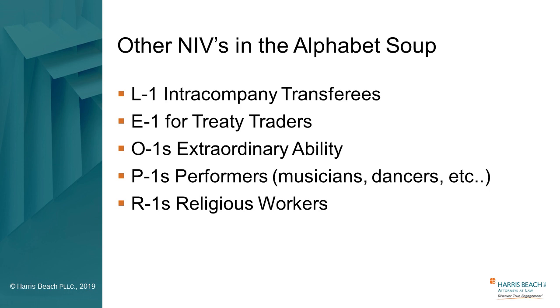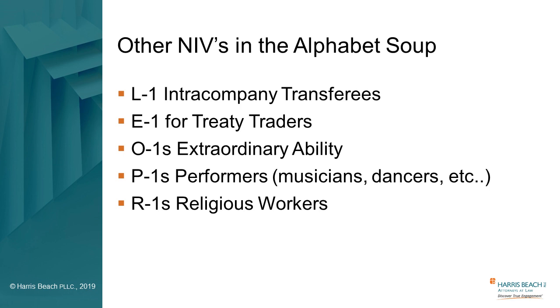E1 is for treaty traders. You have to be a company and an employee coming in from a country that falls under the treaty. O1s, extraordinary ability. I think in our audience here we have several representatives that work at universities. O1s are a good option for very highly qualified, very experienced workers who are in their specialized field.